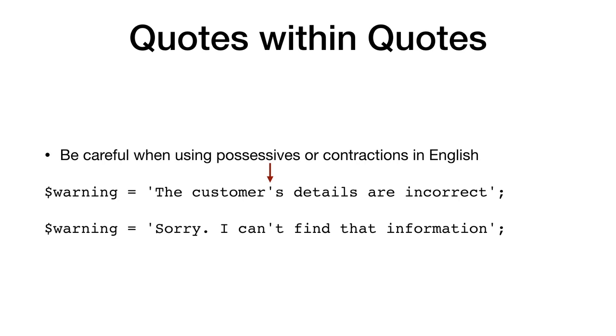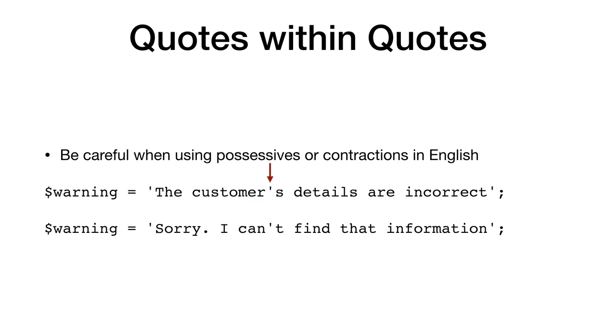So when PHP sees this, it will think, okay, warning is getting, and here's a string that starts THE space CUSTOMER, and that's the end of the string. Great. So variable warning gets the customer, but what's all this stuff here? This doesn't make sense. And so you'd get an error. So this would wreak havoc. This would kill the program.